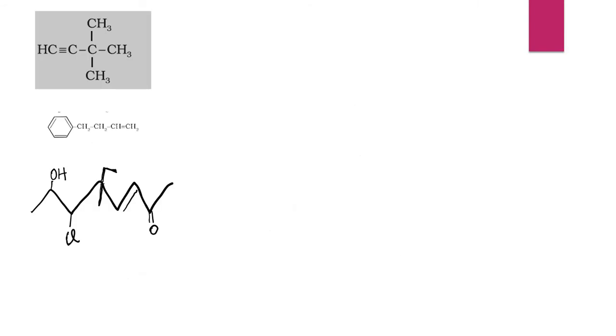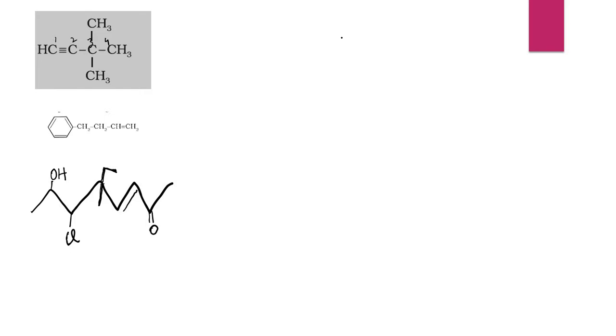Let's try to name a few more. Now for this compound, again I'll select the longest chain. The longest chain can be 1, 2, 3, 4, or 1, 2, 3, 4. Any one you can take. It's the same thing. If I start numbering from here, 1, 2, 3, 4, I'm taking this. I started numbering from here because for the triple bond, we give priority to the triple bond as compared to methyl. At 3 position we have 2 methyl groups.